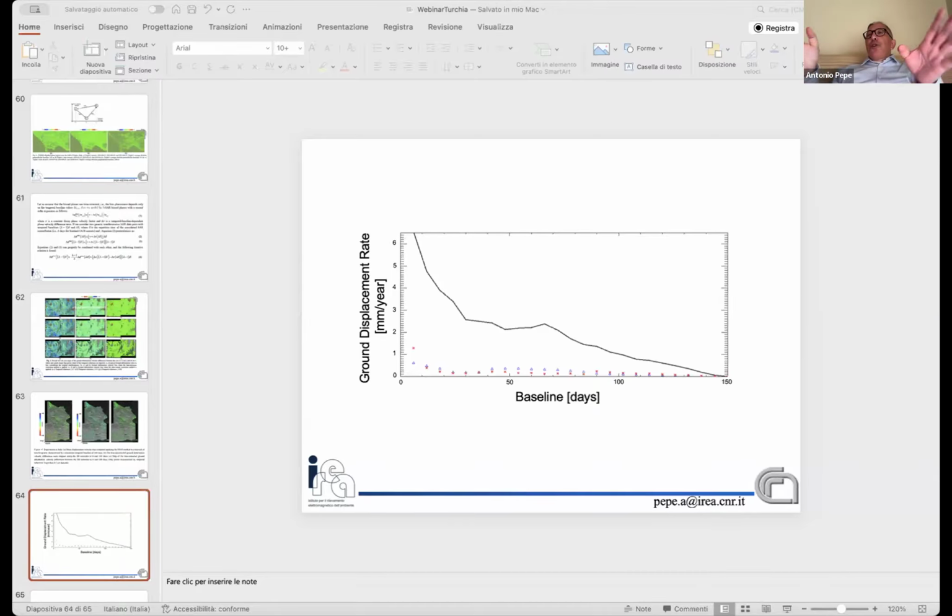And so another story is to separate the atmospheric phase screen in the burst overlapped interferometry from the ground displacement time series. This problem is similar to the problem that we had originally with the SBAS, with PSI, but relatively more complicated because, of course, if we work at L-band, the components related to the atmospheric phase screen can be more significant. If we work at P-band, there's another story.